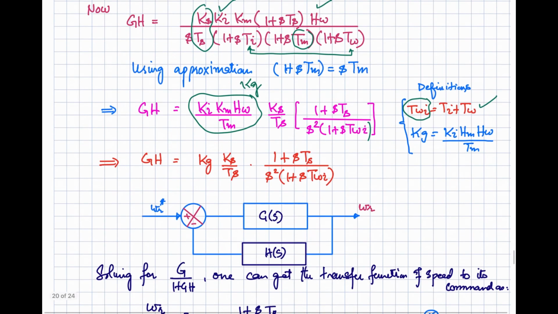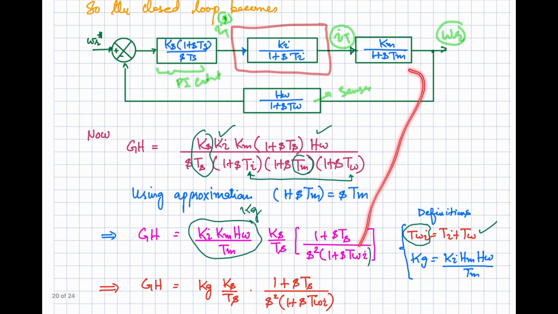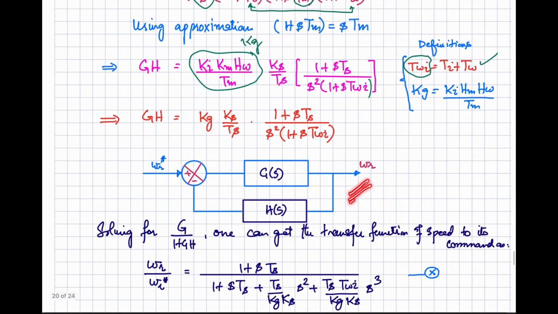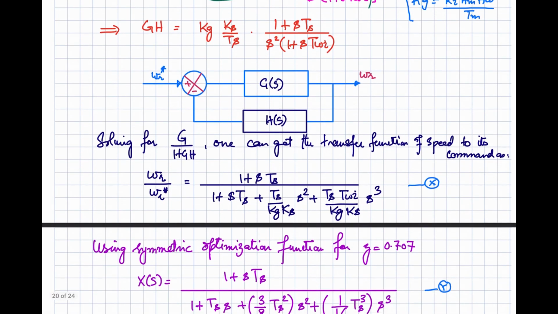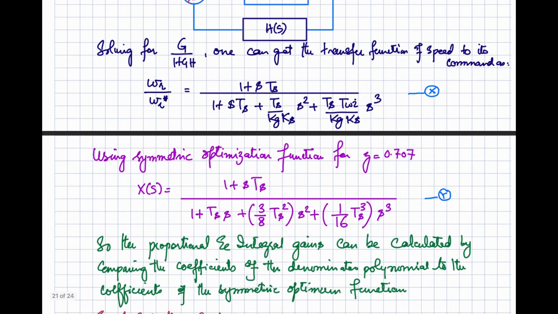Now you can say that you have this loop that can be represented like this, and if you look at the closed loop transfer function of this part, you can relate speed with its speed command with the help of this equation, and you know about all of these coefficients which are being used over here through the approximation. Now, how to decide the gains of this one?